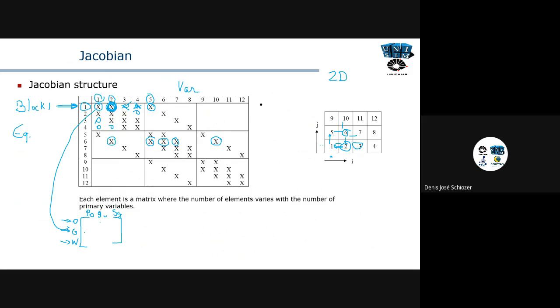That's why block 1 has only 2 neighbors, because it's in the corner. And block 5, for example, has only 3 neighbors. I'm showing this just to show you that if I construct a grid, this will influence the neighbors, and as I influence the number of neighbors I have, I'm going to influence the size of the matrix that I'm going to solve.